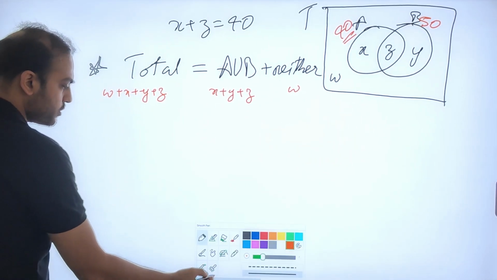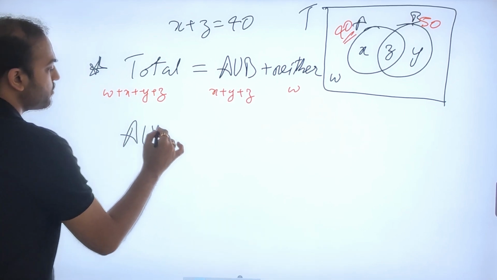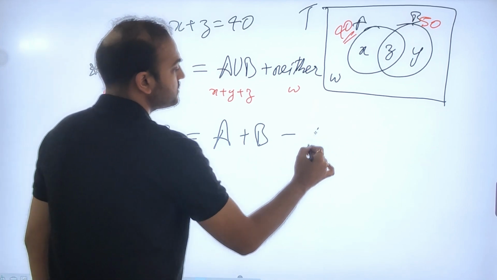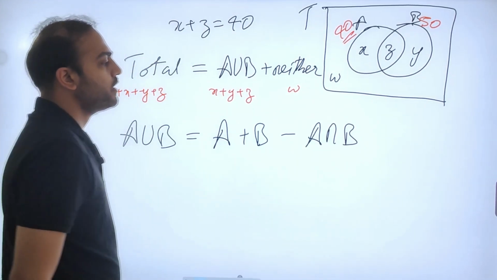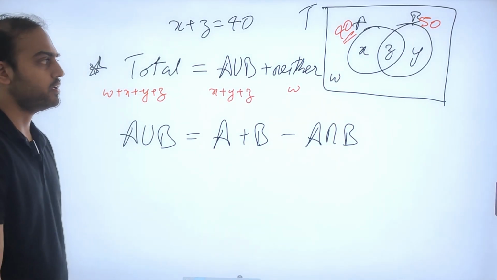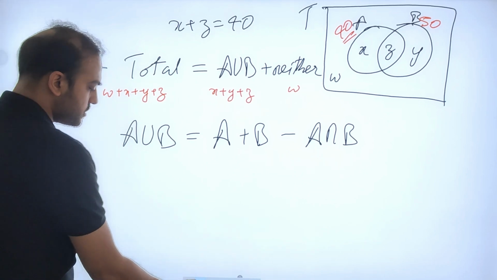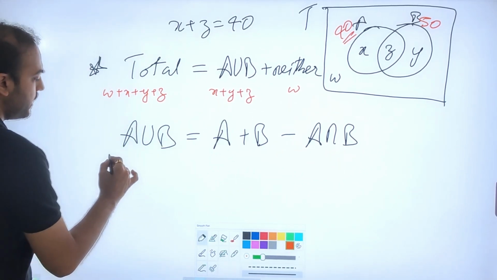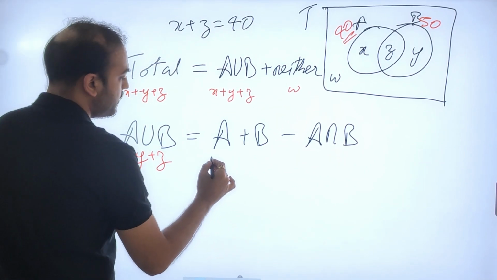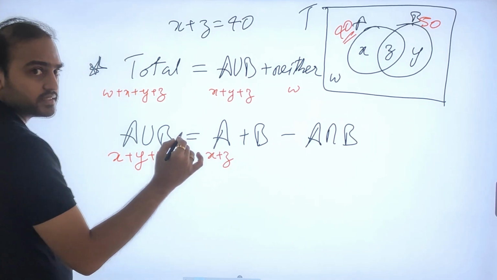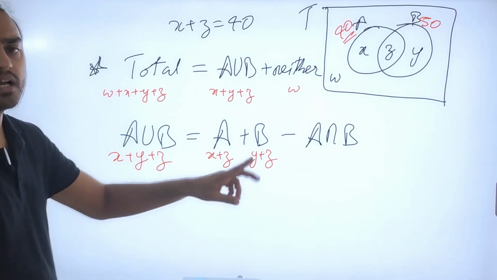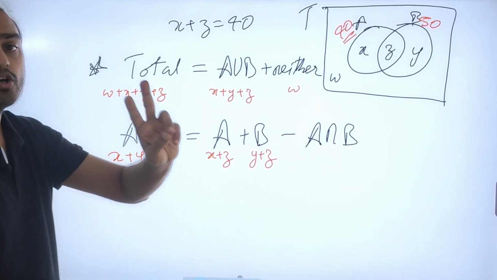Next formula, which is the most common formula: A union B is A plus B minus A intersection B. Again, if we look at the variables, A union B we know is X plus Y plus Z. A is people who belong to A, that's X plus Z. B is Y plus Z. Now you can see Z has been counted 2 times.